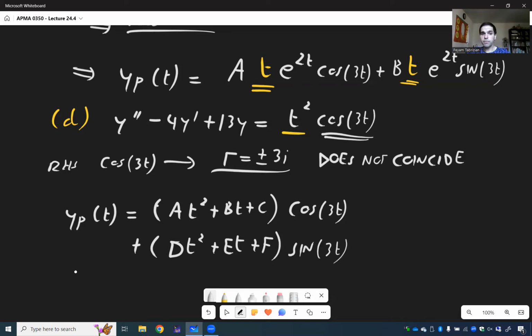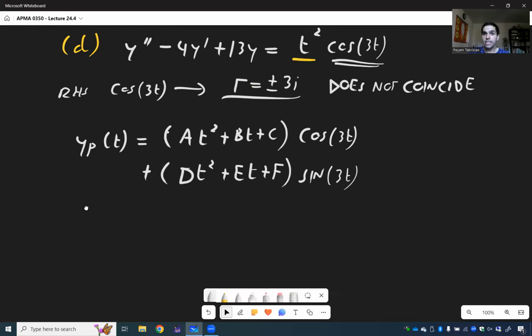Let me repeat. Because you have cosine, you repeat everything with sine. t squared has degree 2, so you replace it with at squared plus bt plus c, and repeating that, you do dt squared plus et plus f.